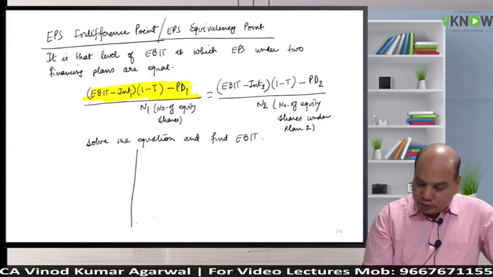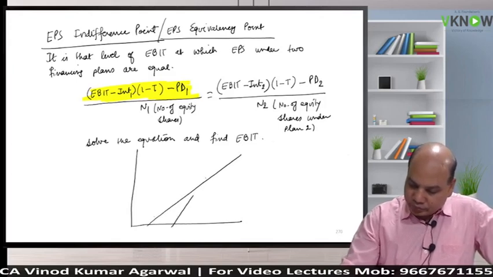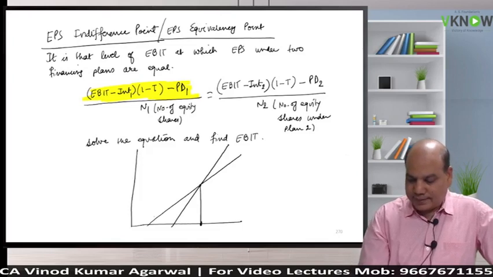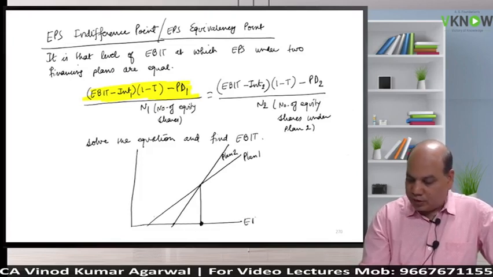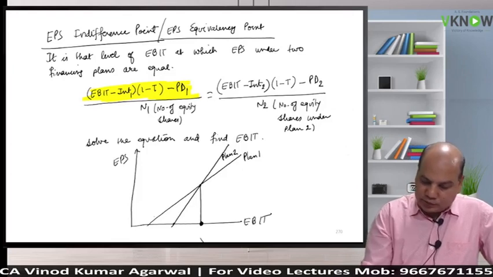The diagram for this will be: this is plan 1, this is plan 2, EBIT on x axis, EPS on y axis.